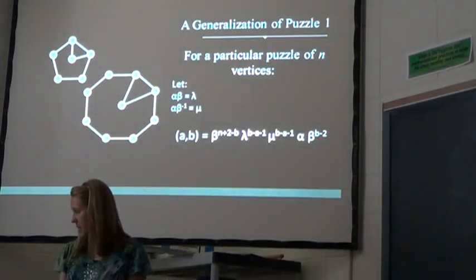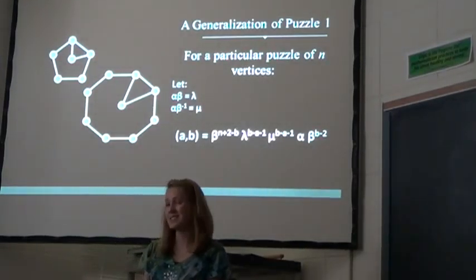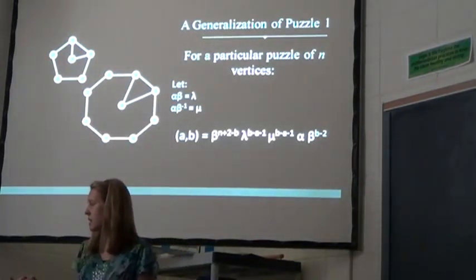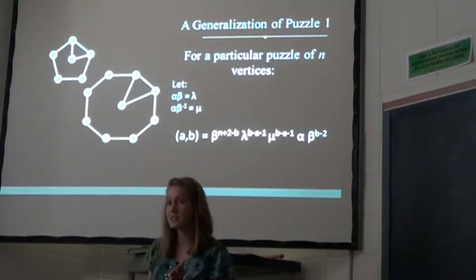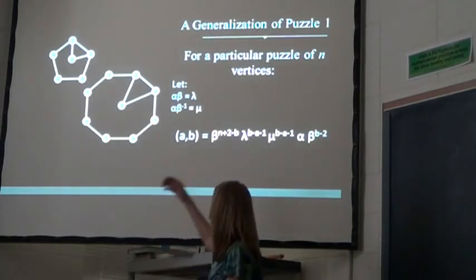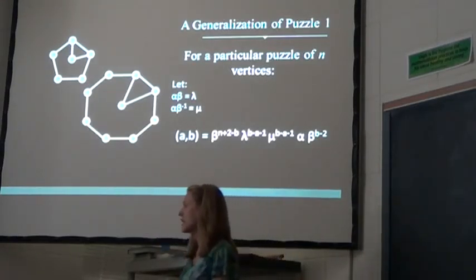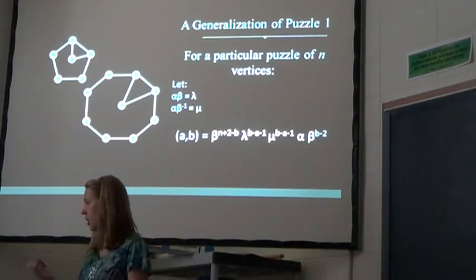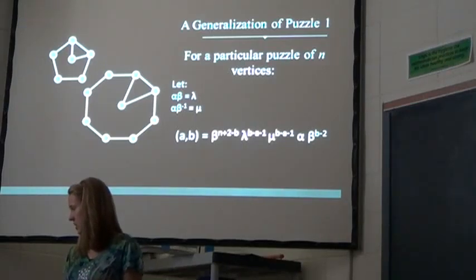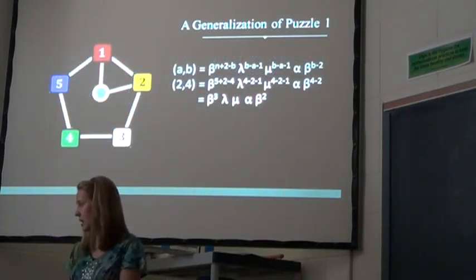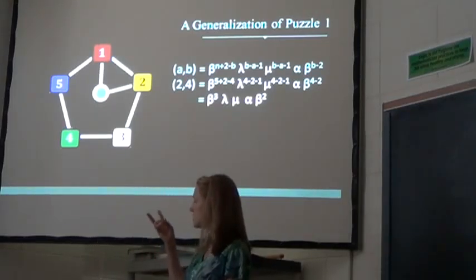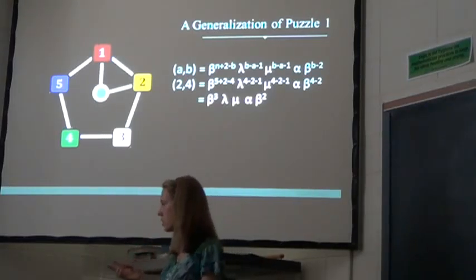I did have time to make a generalization of puzzle 1, and this is kind of based off of what I showed earlier in the proof, but this time it's saying for any number of vertices, we can do this product of moves of alpha, gamma, and mu and beta to solve the puzzle for a given transposition. So for example, this pentagon here, we just show A and B, for example, are 2 and 4. That just means that we want to transpose 2 and 4.